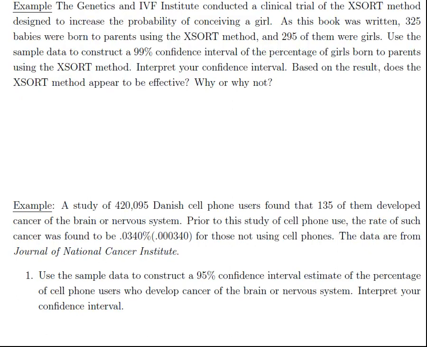The sample proportion we denote by P hat. That's going to equal 295 divided by 325, and that's equal to 0.908. So it actually seems like that method works pretty good.